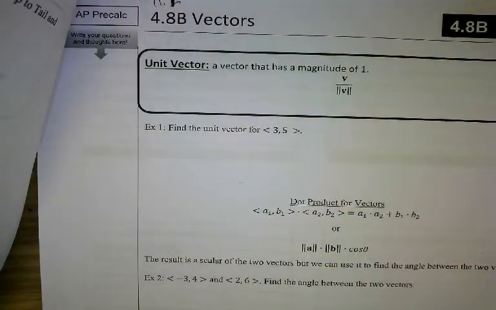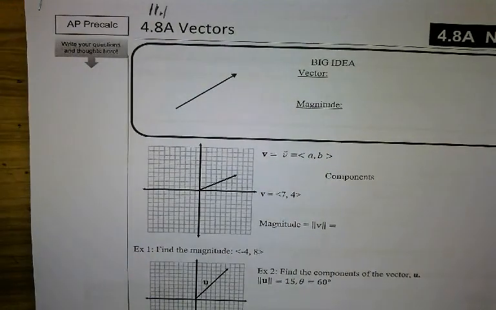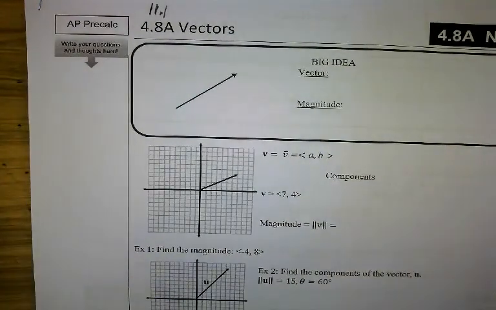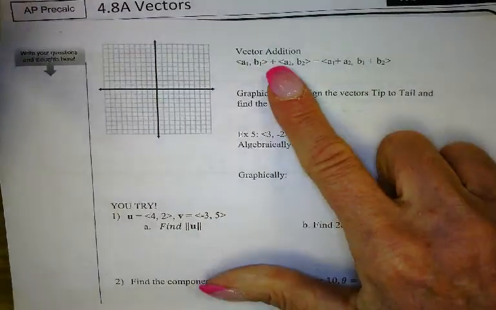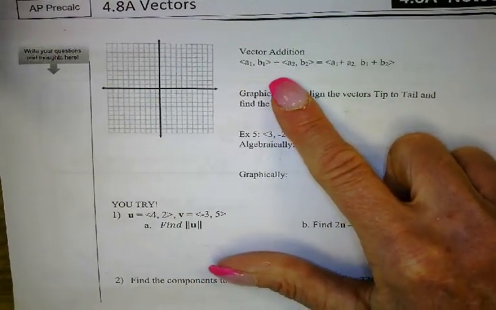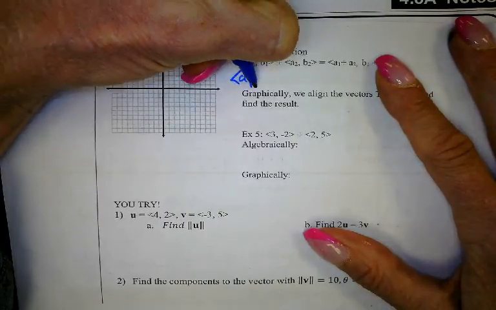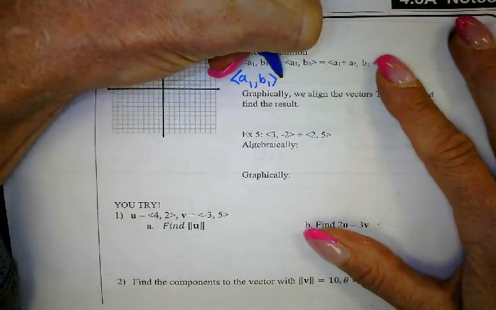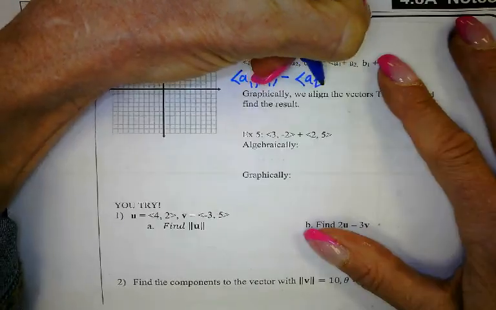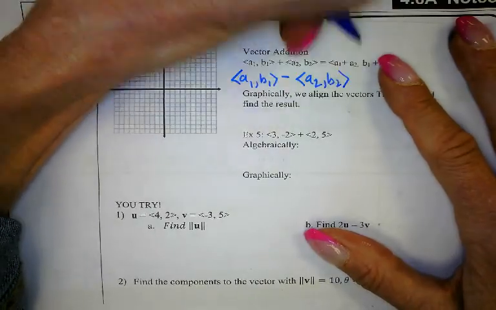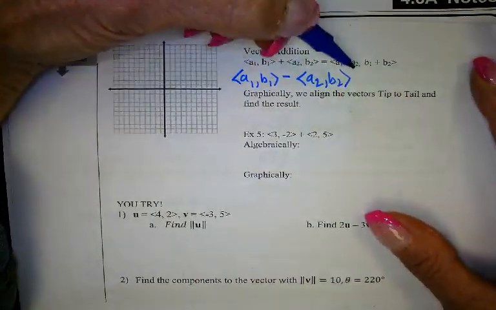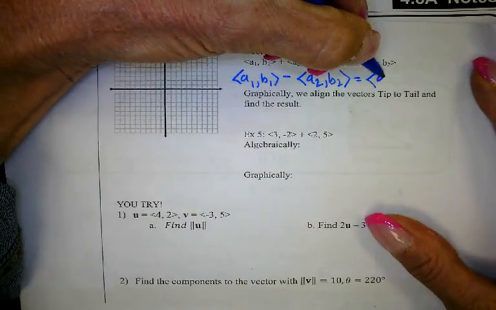Okay, vector addition or subtraction. I mean, vector subtraction is just A1 minus A2, comma B1 minus B2.